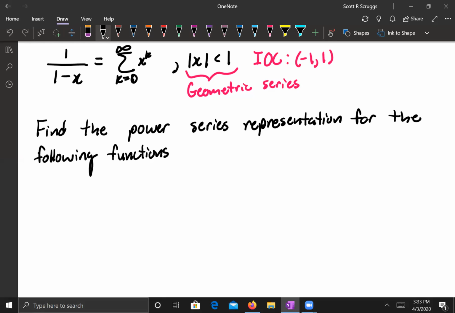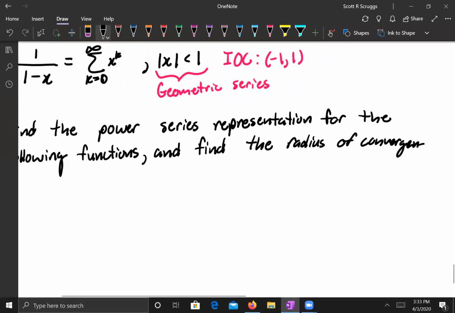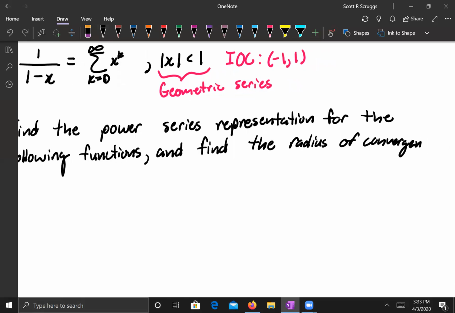And also when y'all find a power series representation, I want y'all to also try to find the radius of convergence. Let's get more room to finish spelling convergence.